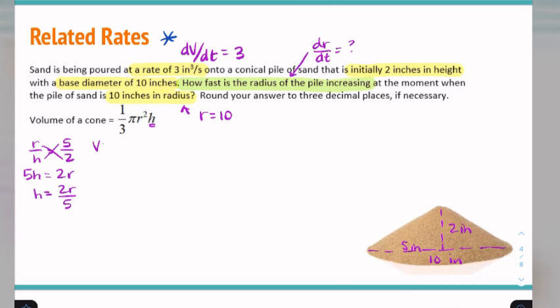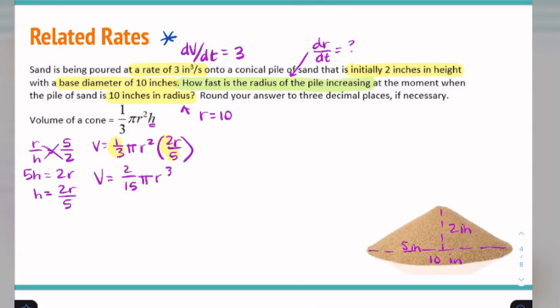So volume is 1/3 pi r squared times 2r over 5, right? Which I'm actually going to multiply my little fractions, and that's going to give me 2 over 15 pi r to the 3rd.